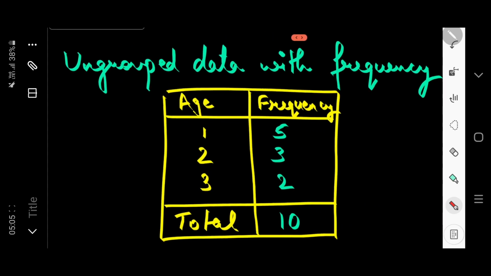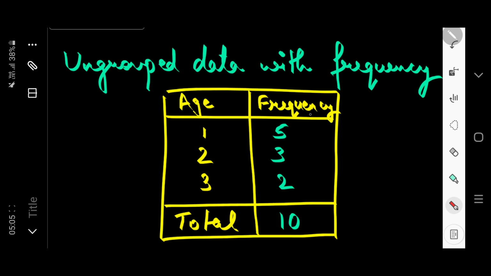Next one is ungrouped data with frequency. As we can see here, like we saw in the frequency distribution table, it is ungrouped data, as it is not classified or there are no intervals in the data. The X values are the data points without intervals and without classification.